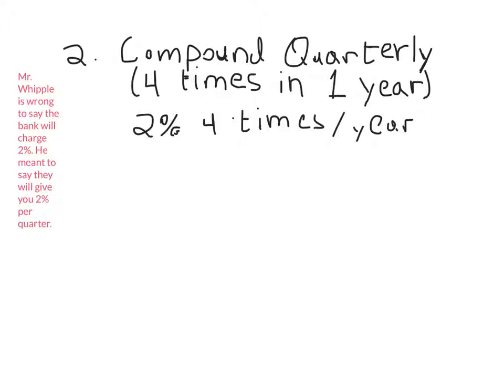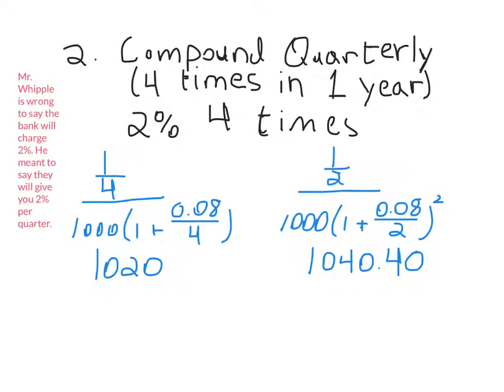All right, so why don't you pause the video and figure out how much money you would have after a quarter year and then a half year, and we'll go from there. Check and see if this is what you got. Instead of multiplying by 1.08, we're going to take our $1,000 and multiply by 1.02, dividing the 0.08 by 4, and that gives us $1,020 after just a quarter of the year.